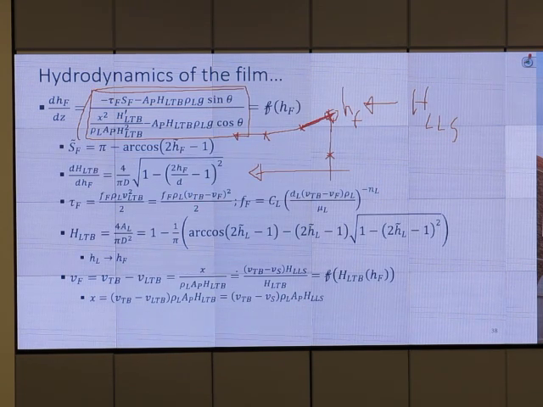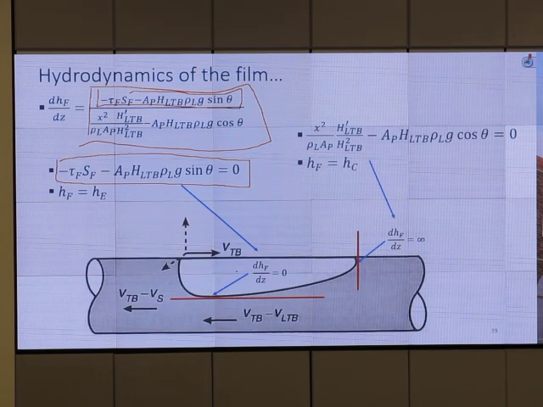One thing to mention. Now you can find equilibrium height, right? Let's say you do the test. You want to approximate what is the liquid hold-up inside the film zone. The easiest method is to say the height in the film zone is the same as the equilibrium height.